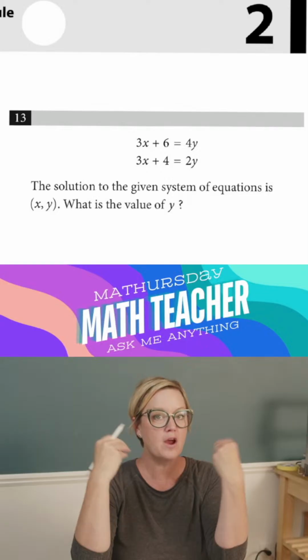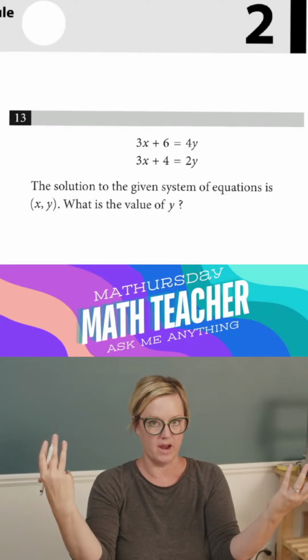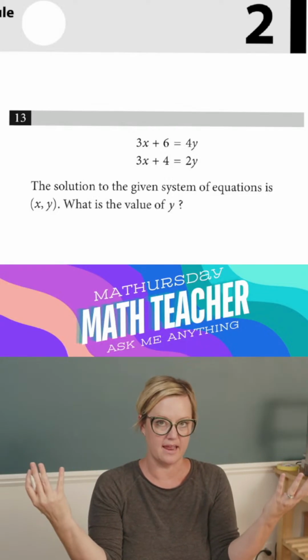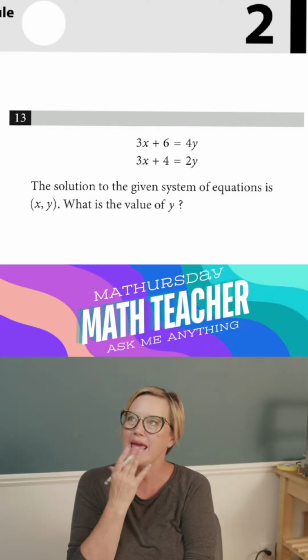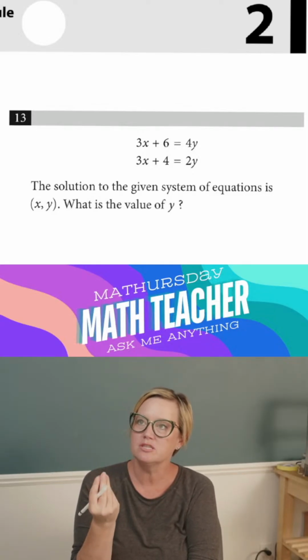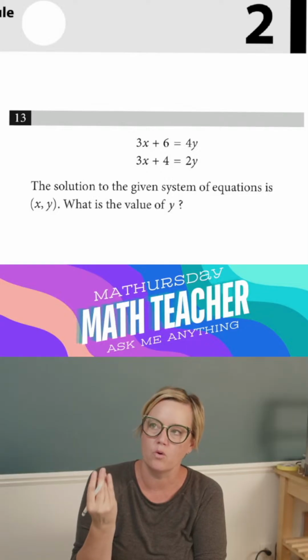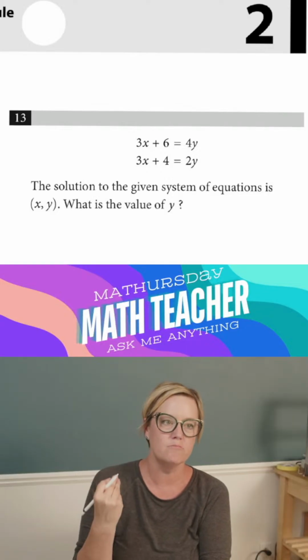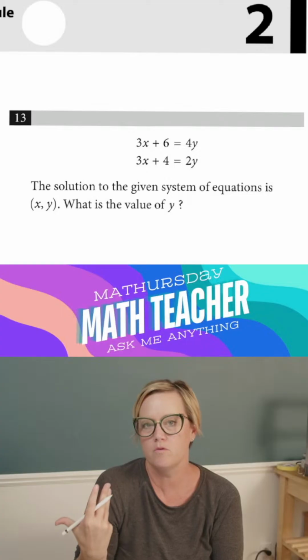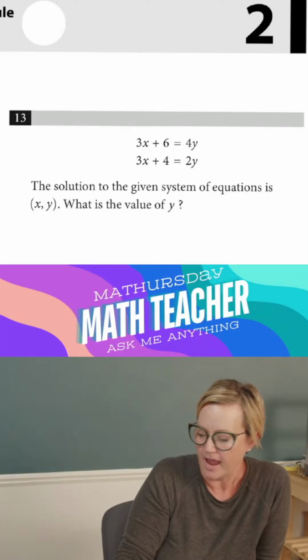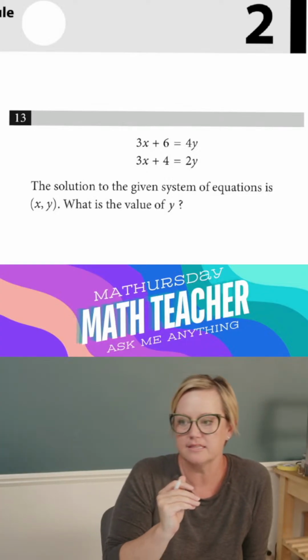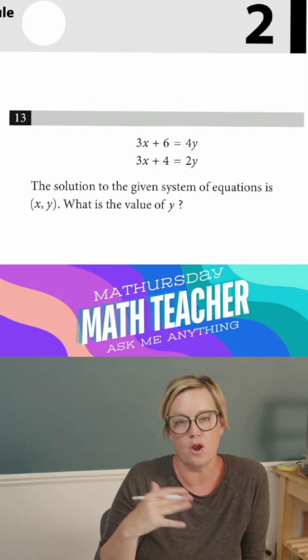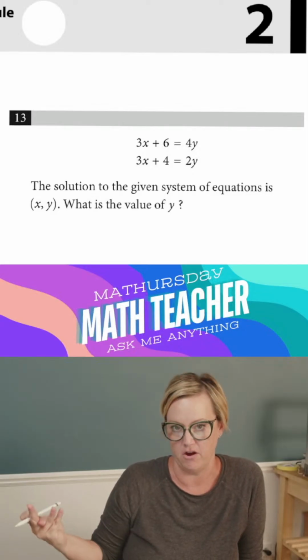Because the x and y values are the same in both equations, I can actually mush these two equations together. Anytime you're solving a system of equations, you can mush them together, and mushing them together is also called elimination. The way I'm going to do it is by adding or subtracting in a way that gets rid of one of the variables.